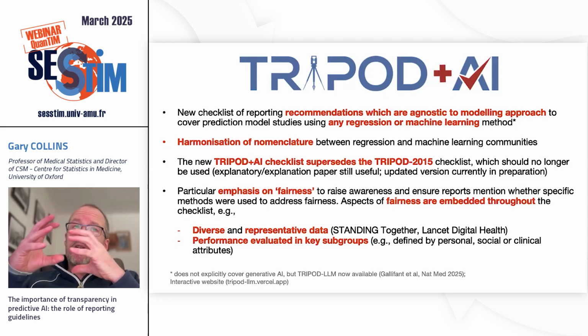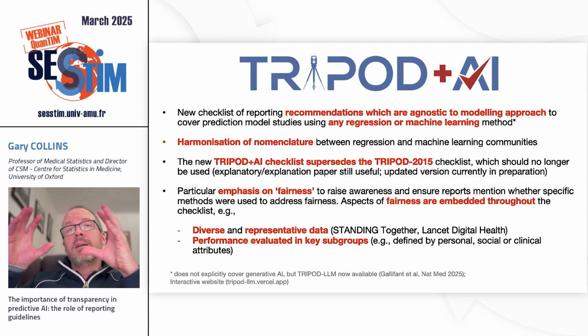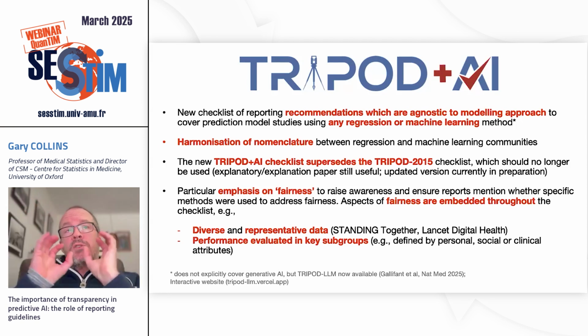And we tried to harmonize the language and terminology because there has been a divergence, or sometimes a conflict, in terminology between the machine learning and the biostats field. So we tried to harmonize that, or at least bring some clarity to it. It's the new guideline. It now supersedes the old guideline, so you shouldn't be using the old guideline now. Just use the TRIPOD+AI guideline.